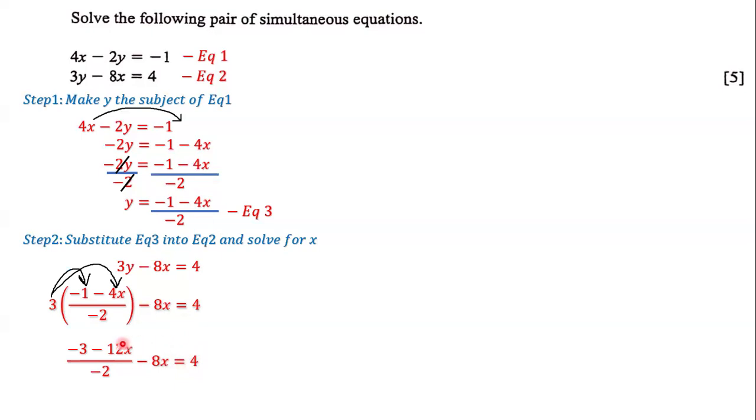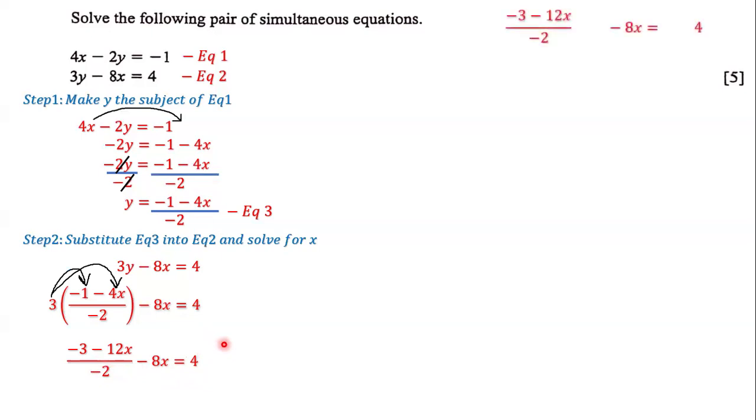Now, our goal when we have this equation is to solve for x. But what we're going to do is get rid of this denominator, and that's going to make our job easier. Once we get rid of this denominator, we can operate on a more simplified linear equation.